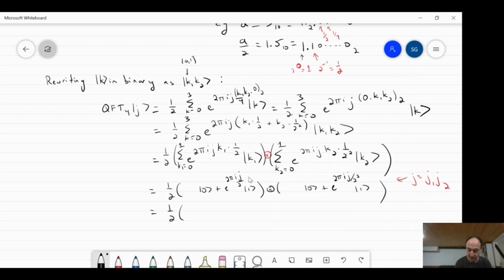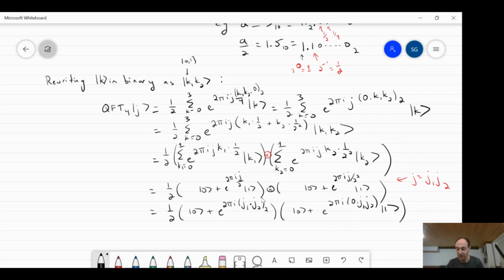So let's do this: 0 plus e to the 2 pi i, and then I get technically j1 point j2, in binary. And here I get 0 plus e to the 2 pi i, 0 point, and now I shift by 2 elements, 1. That's what I get.